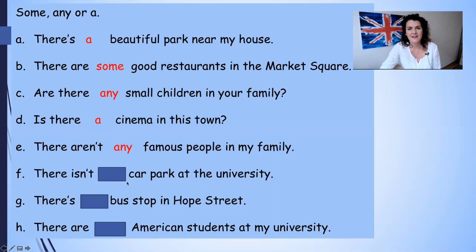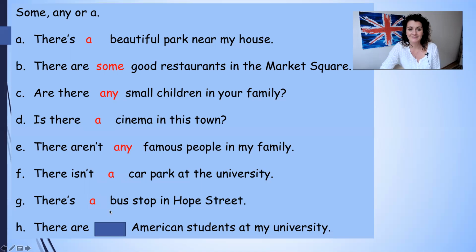F. There isn't car park at the university. There isn't a car park at the university. It's a singular phrase, so we use a. G. There's bus stop in Hope Street.